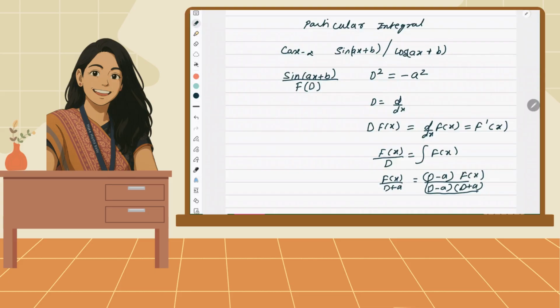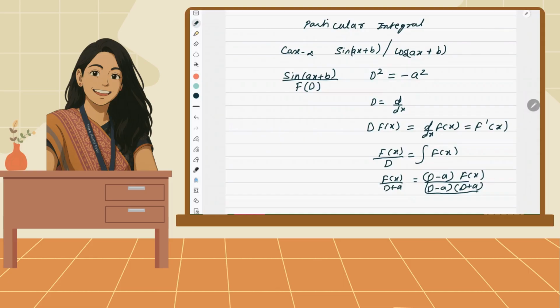The same thing I will do for cos ax also. Here also we will come across cases where putting D square equal to minus a square gives 0 in the denominator, like in the exponential case. So I will repeat the same process: multiply the numerator by x and differentiate the denominator. So this is the core concept for sine and cos.